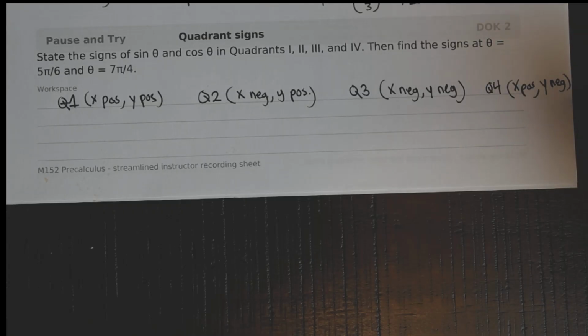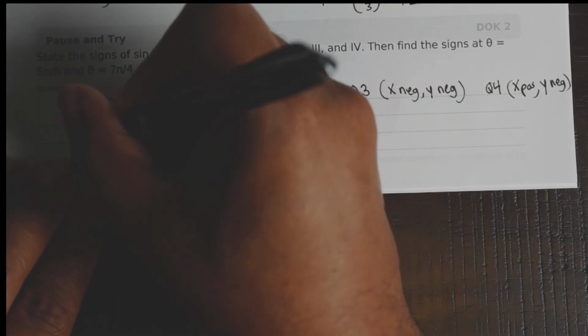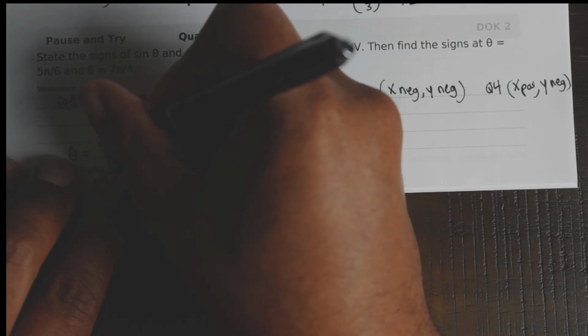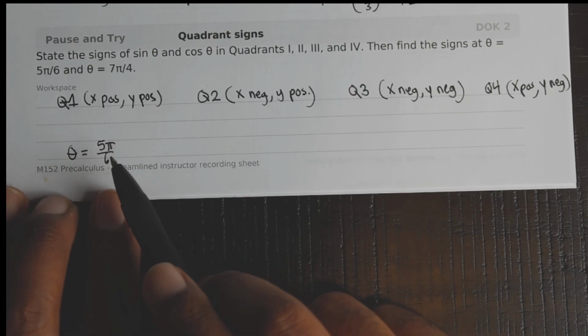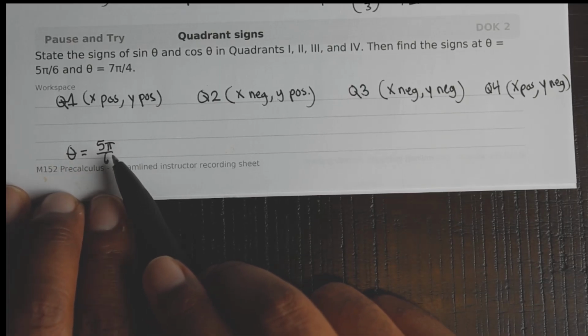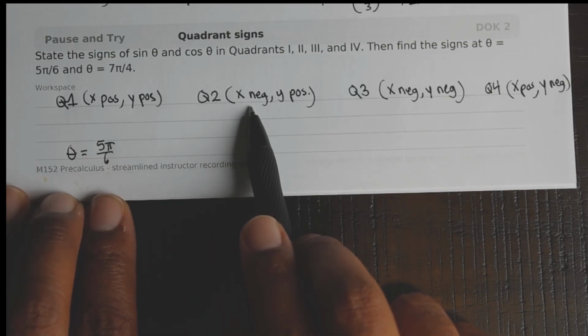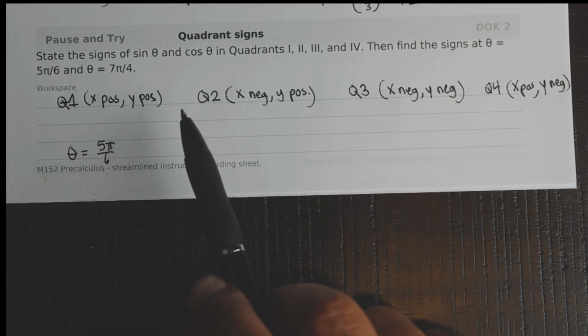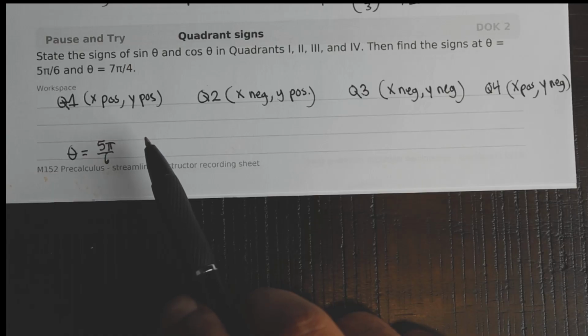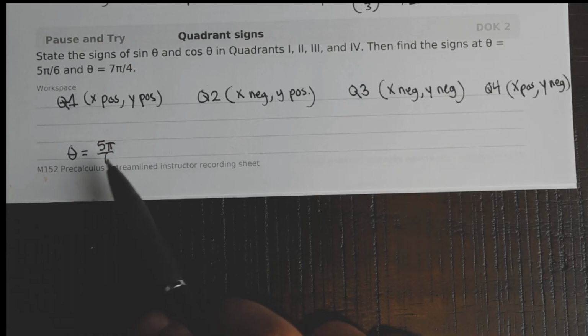Now, theta equals 5 pi over 6, right? So this angle is in quadrant number 2, right? So theta equals 5 pi over 6.